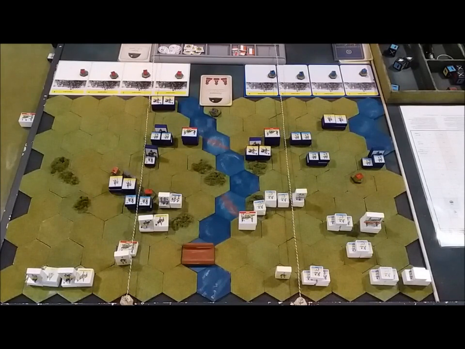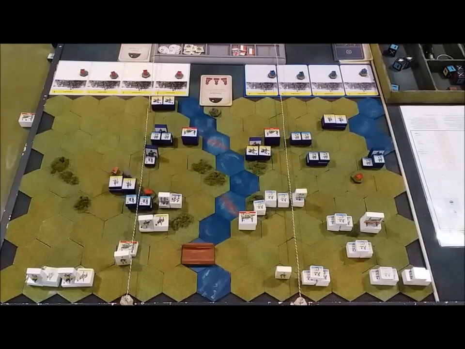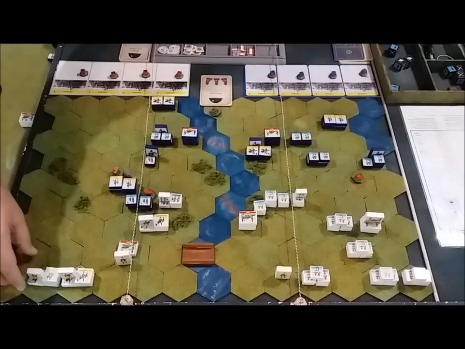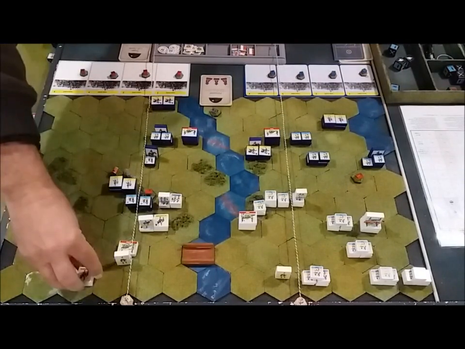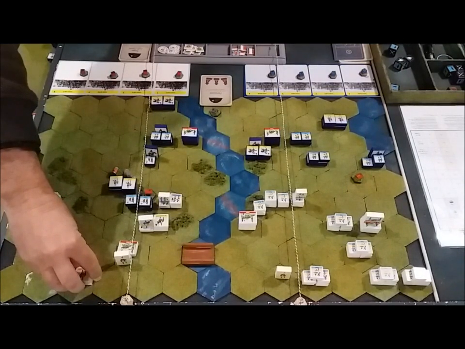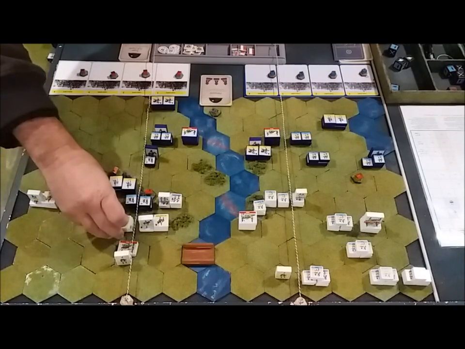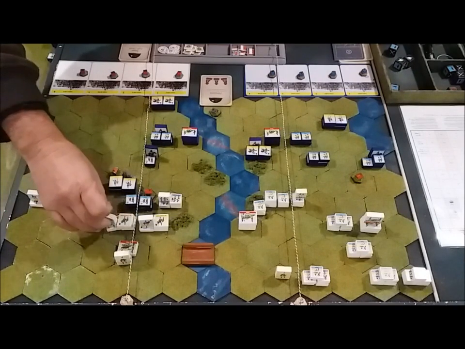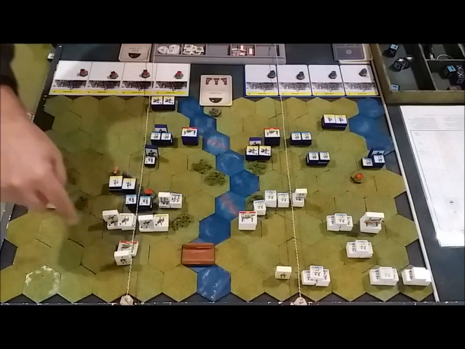Now attacking into a town with them would still give me 2 to attack into there, which is worthwhile. And then we have the light cav over here moving for 3. 1, 2, 3. And the heavy cuirassiers moving for 2. 1, 2. Or, yeah, to there. And they're just helping to block this coming around here.